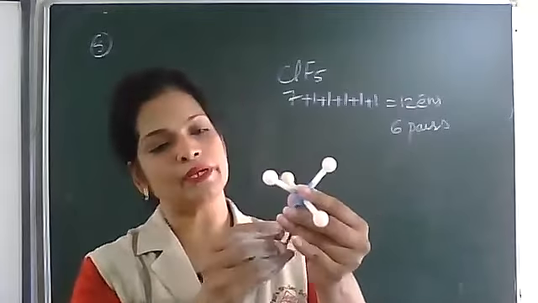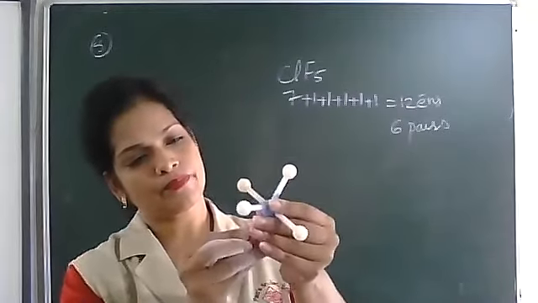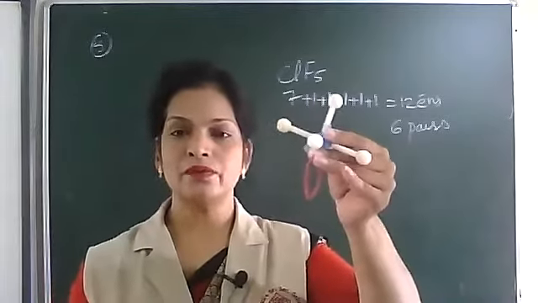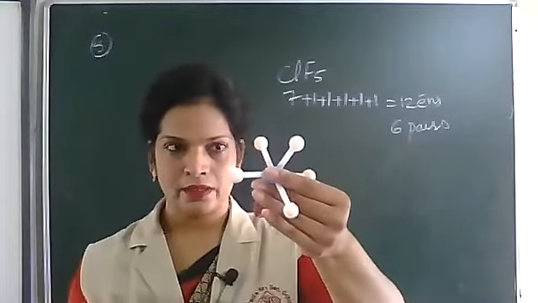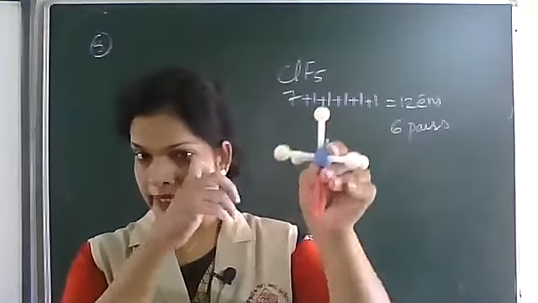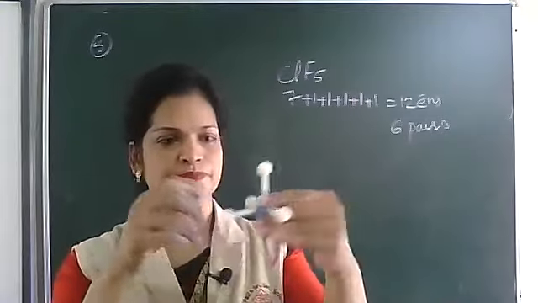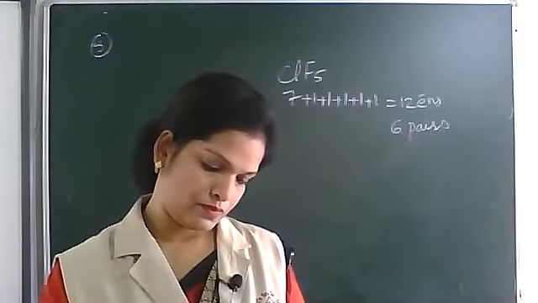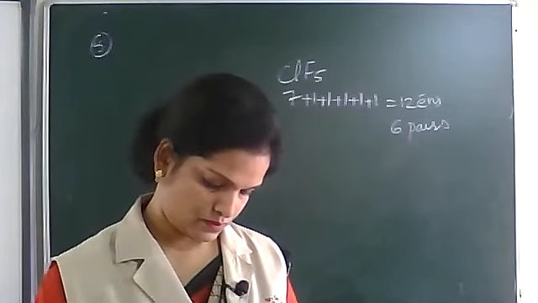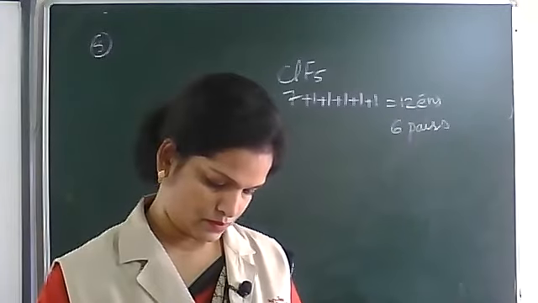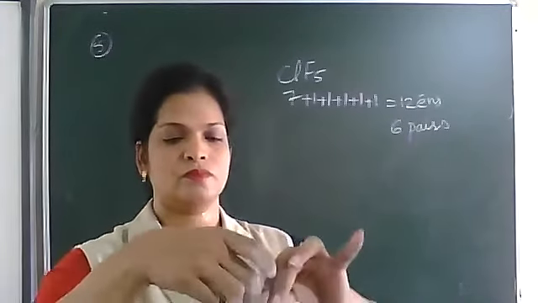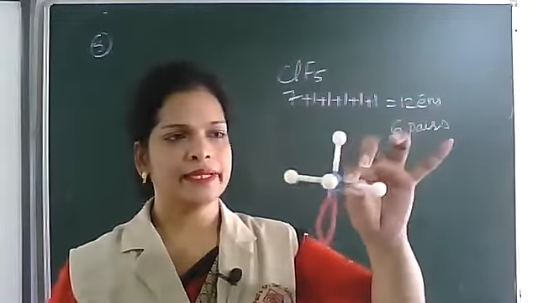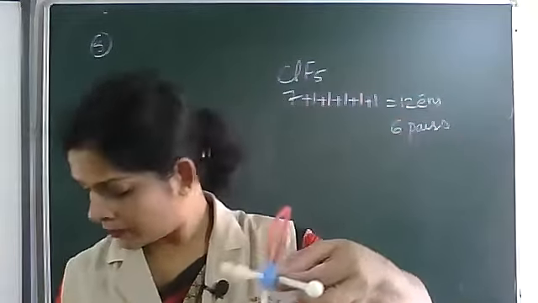Down one is a lone pair, or the upper one, anyone you can take. Down one is a lone pair. I can keep it up also, no problem.